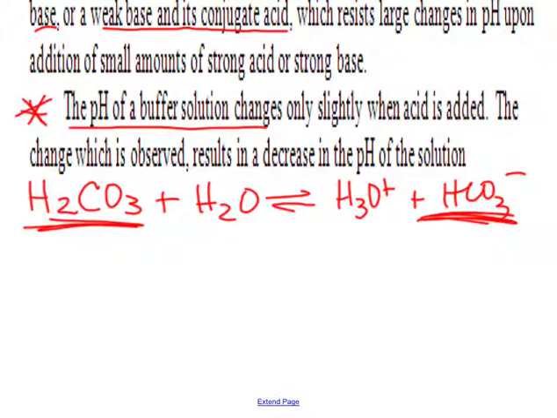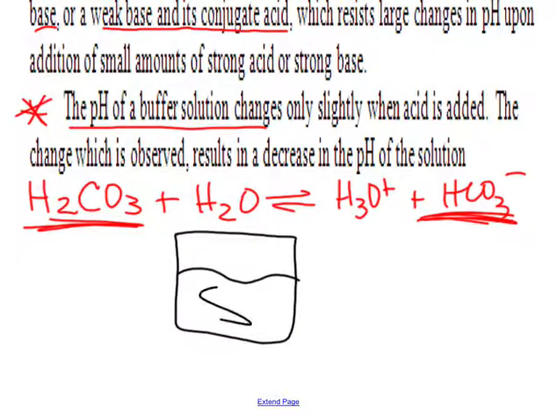So for instance, remember, this is our blood. We have H2CO3 and HCO3 minus floating around. So if I was to come and inject myself with a bunch of acid, not in a good way, I could protect the pH of the system by buffering it using the components of the buffer.